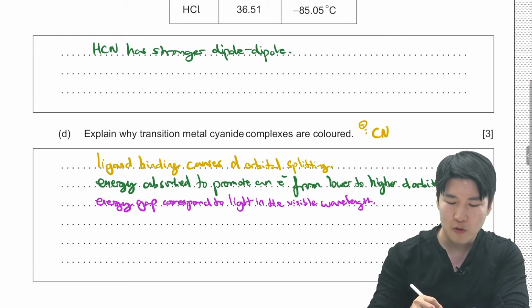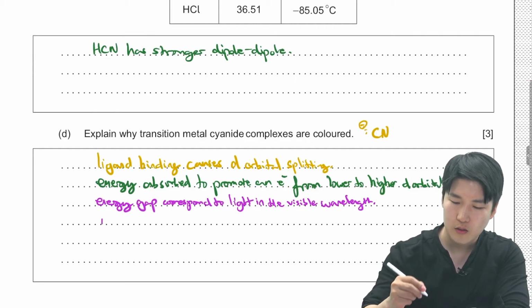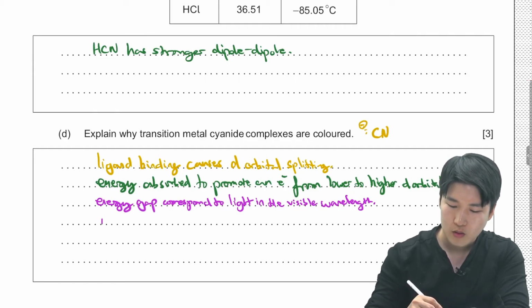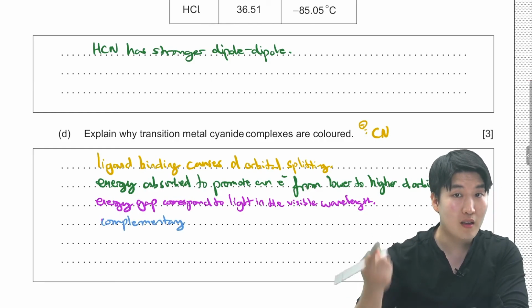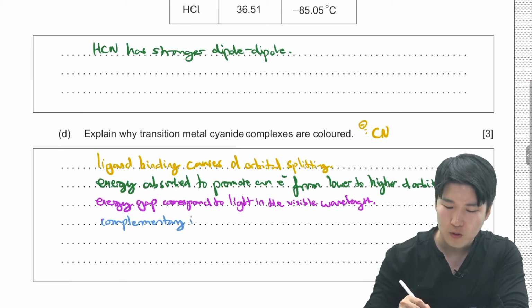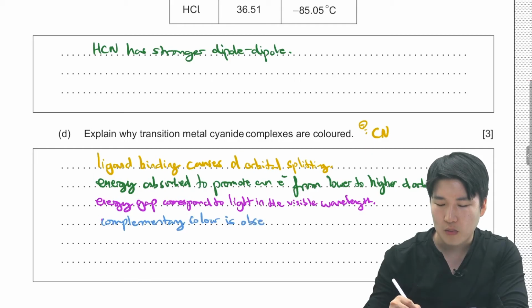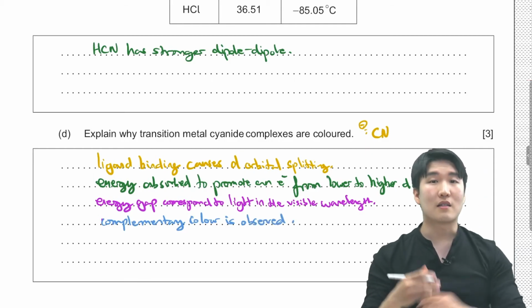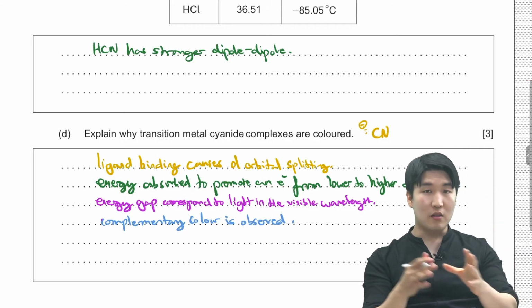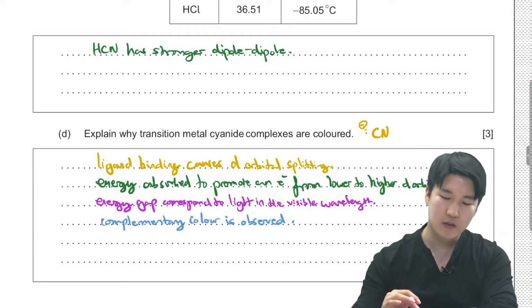And it's the complementary color that we see. Complementary color of that visible wavelength absorbed is observed by our eyes. That's how we observe transition metal complex ions to be colored.